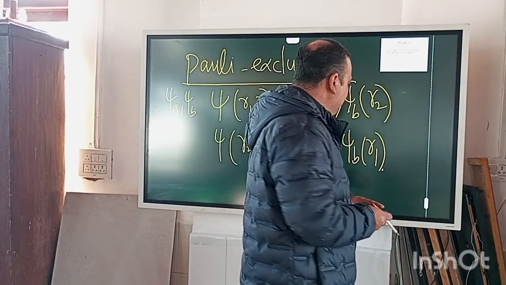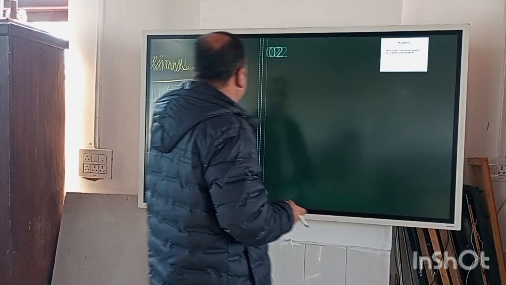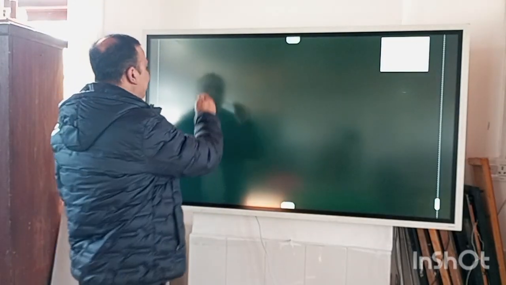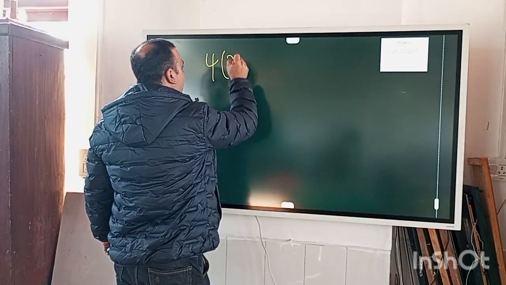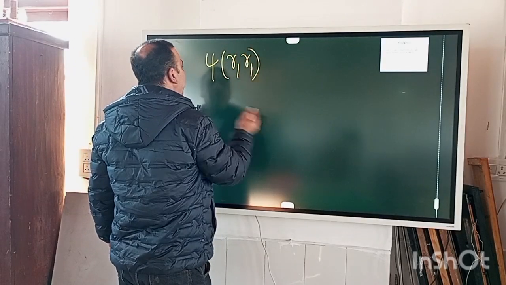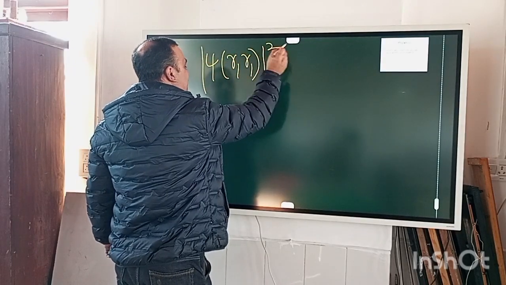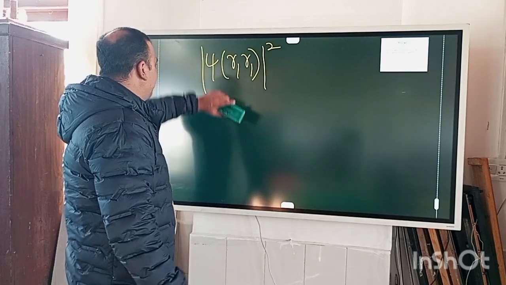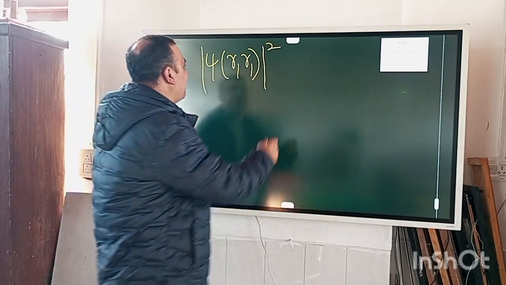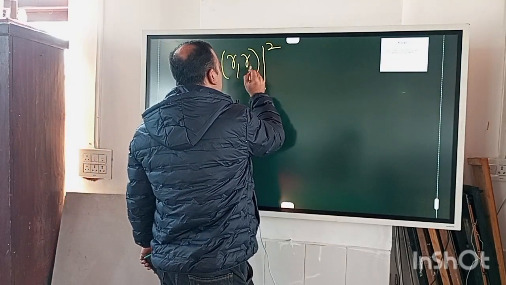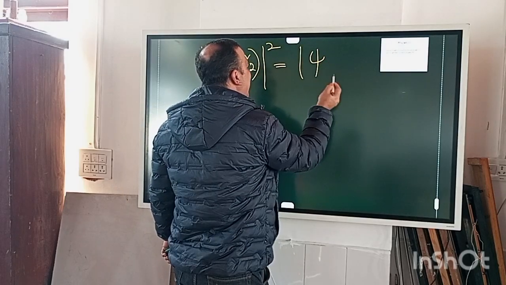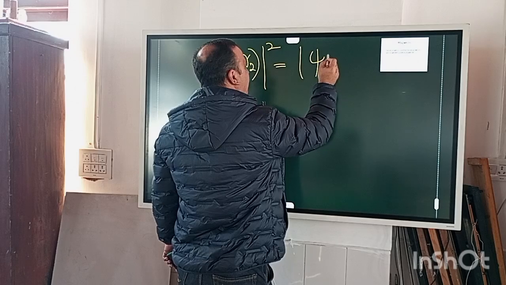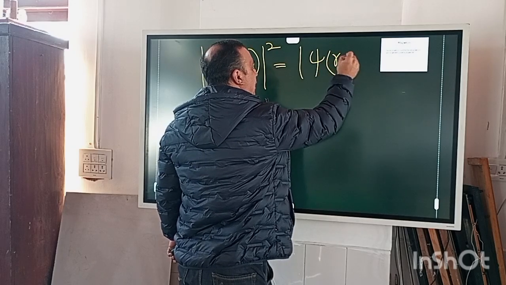So what does that mean? That means, by the Born approximation, the probability of finding these particles, the magnitude squared of psi R1 R2, must be equal to the magnitude squared of psi R2 R1.